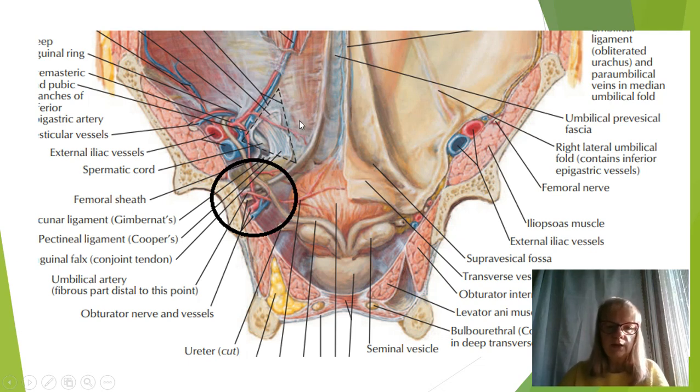Between the two folds, we have the medial umbilical fossa, and laterally, outside our lateral fold, we have the lateral umbilical fossa. Sometimes we also use the terms medial inguinal fossa and lateral inguinal fossa. Why umbilical? Because they are between umbilical folds. And here in the lateral umbilical fossa projects the deep ring. Exactly here.